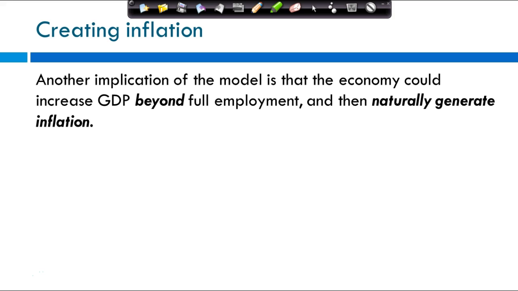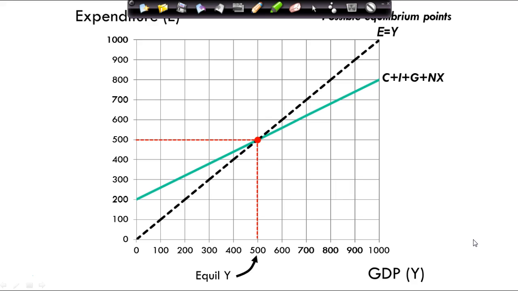And in that case, the economy will naturally tend to generate inflation. GDP, or incomes, will be increasing not so much because of increased production, but because of higher prices. And we can represent this idea in the following way. So here's our economy at equilibrium.